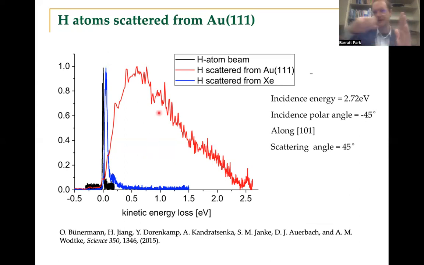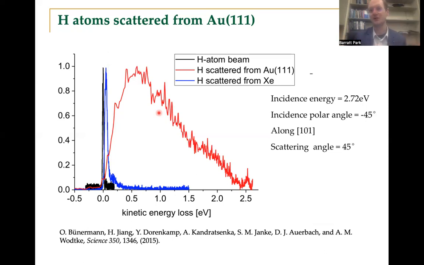And there can be many, many of these electronic excitations taking place as the hydrogen atom is interacting with the electrons of the metal. And qualitatively, this is described using a theory called electronic friction theory, where as the hydrogen atom is colliding with the surface, it experiences a friction-like force due to these electrons of the surface that are getting excited to higher states and taking away energy from the hydrogen atom.